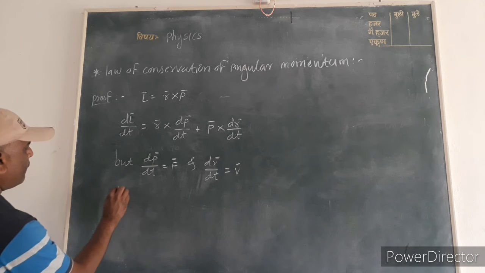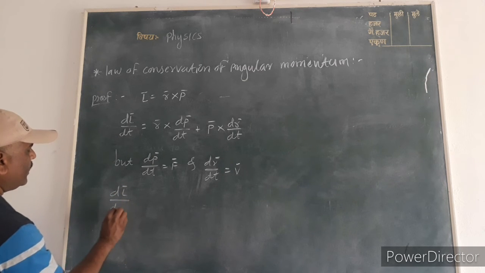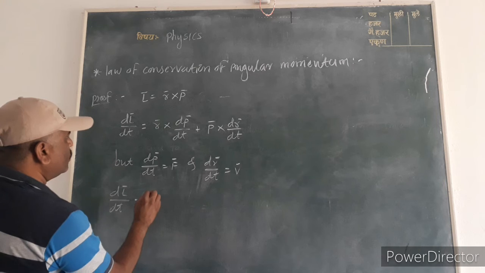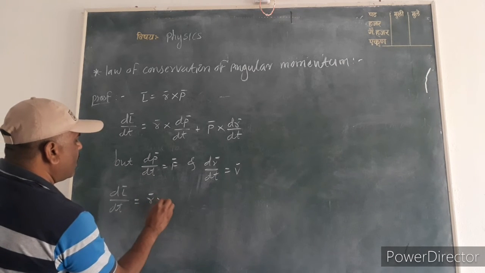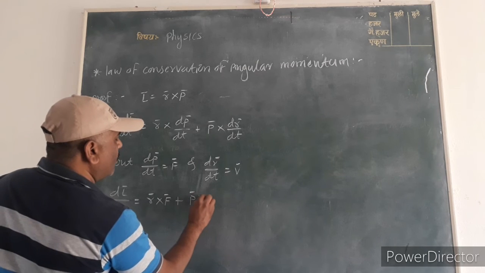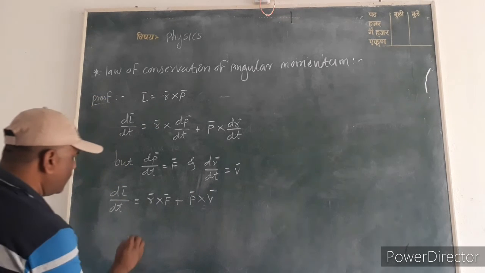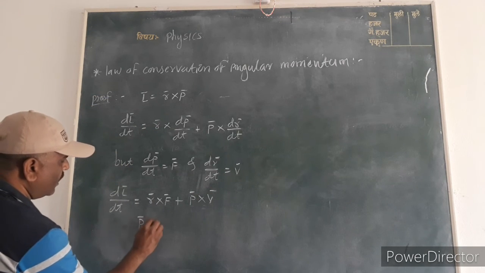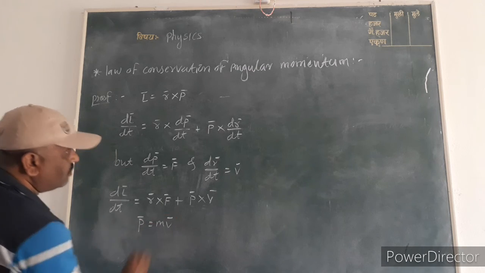Therefore, dL bar upon dt is equal to r bar cross F bar plus v bar cross p bar. But p bar is equal to m v bar.